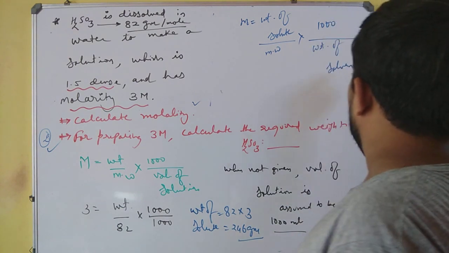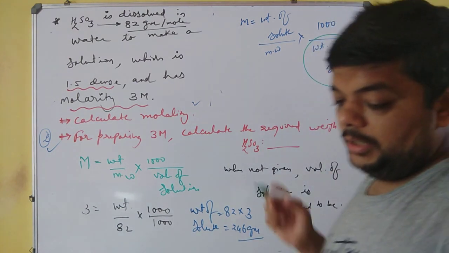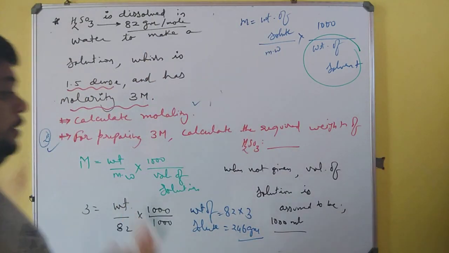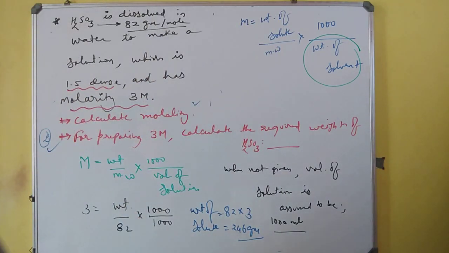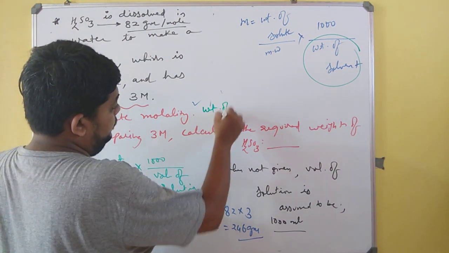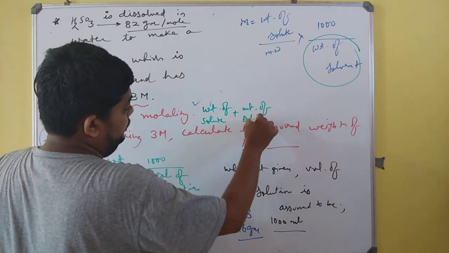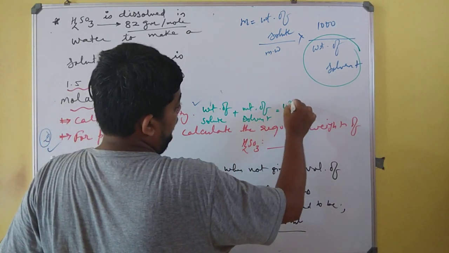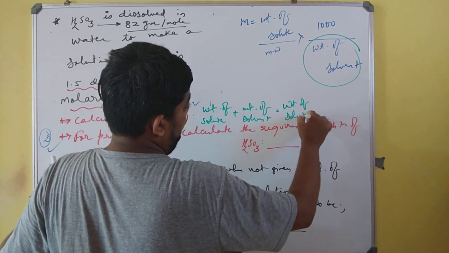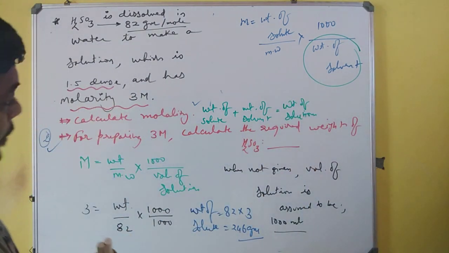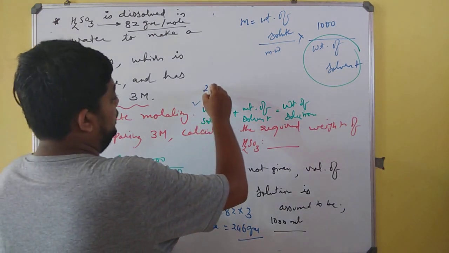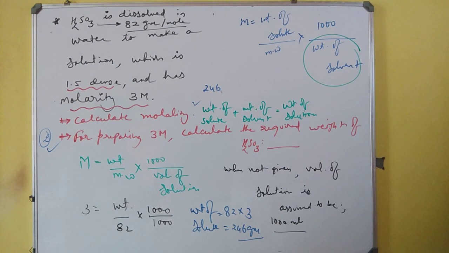So over here, I am not having the weight of solvent, but as you have learnt it in the previous video itself, that weight of solute plus weight of solvent is equal to weight of solution. So over here, weight of solute is very much clear, 246. Remember very well, over here, weight of solvent is to be found out.